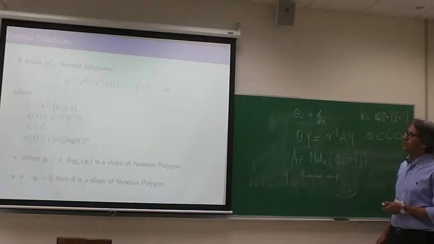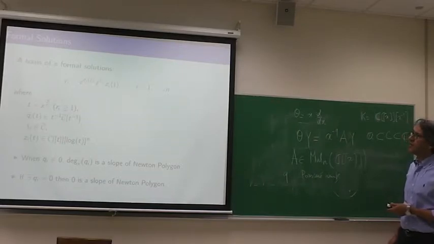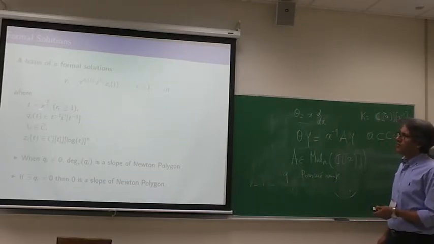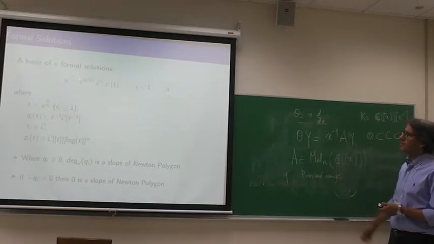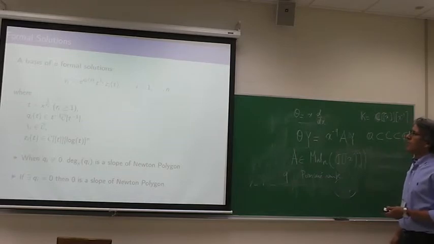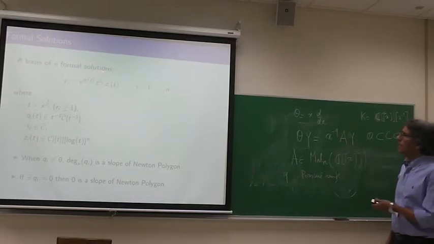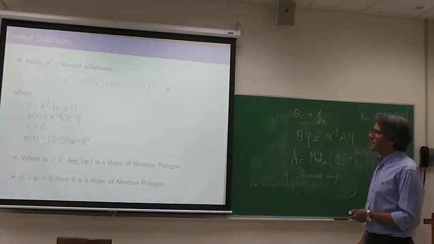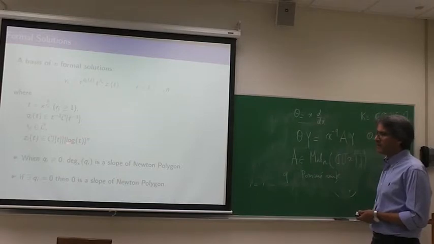They have an exponential term, exponential of q sub i of t. t is a root of x, so we need ramification in order to solve completely the system. q is a polynomial in 1 over t with algebraic number coefficients. Lambda sub i is an algebraic number, and z sub i is a vector with entries that are polynomials in log of t with coefficients that are power series in t.